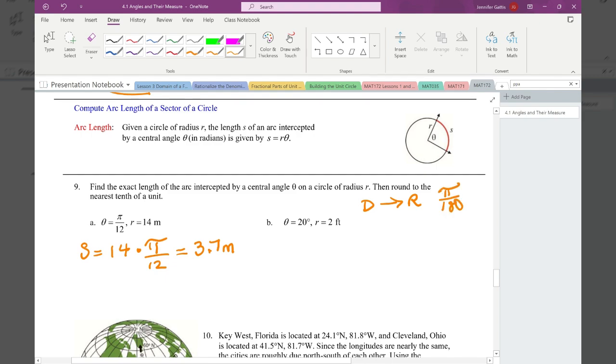So we're going to start out and say, well, 20 times pi over 180, which is going to give us pi over 9. And now we can say that S is equal to 2 times pi over 9. And again, pulling out our calculator, 2 times pi, and then dividing that by 9, and rounding to the nearest tenth, we get 0.7 feet.